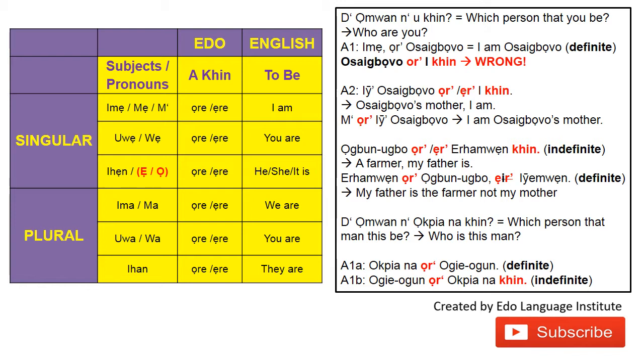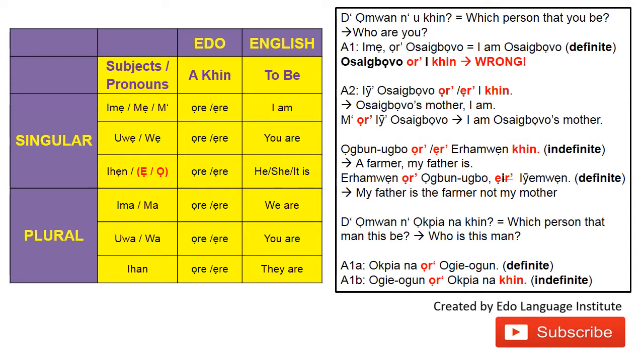And so then another possible or legitimate answer could also be ijo saibovu oe or e ihin. So e is the I, and you can already see that the pronoun is enclosed by the verb form.